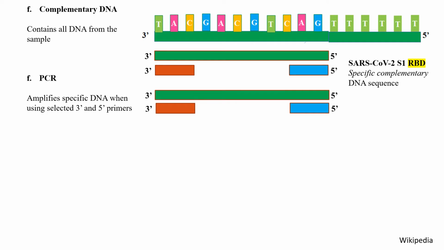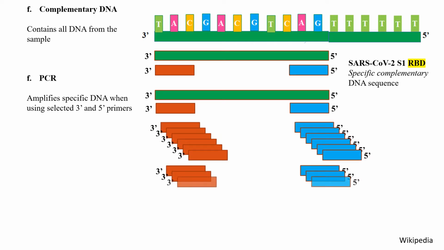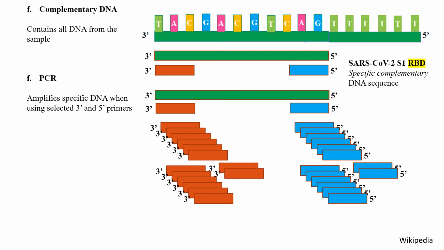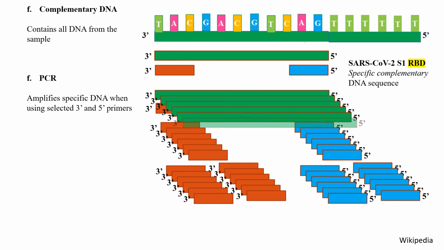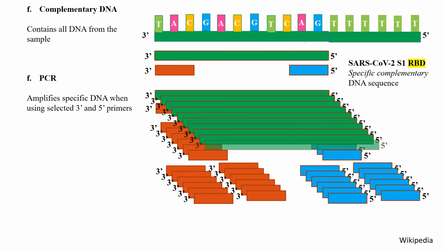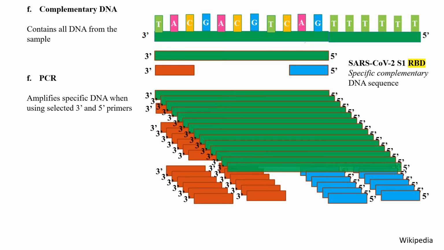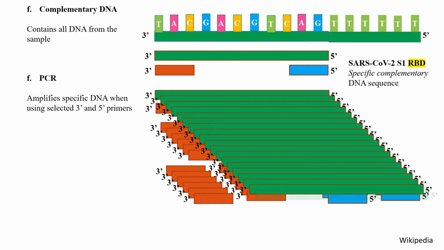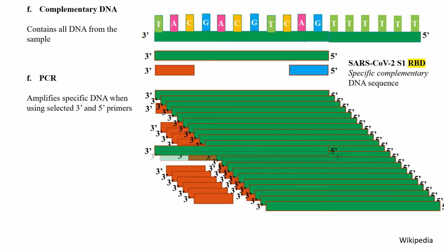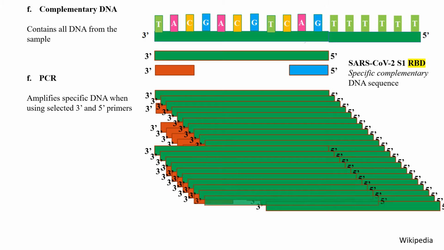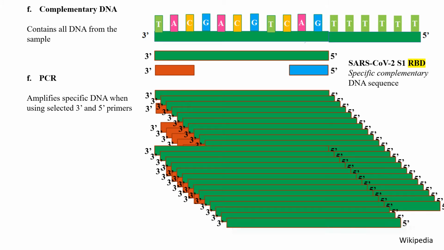And that can be done again and again and again, because we have a lot of these primers, we have all the dNTPs in the mixture, and we are getting a lot of that DNA amplified. And because we use the specific primers for the SARS-CoV-2, now the only DNA sequence that we can see amplified is the SARS-CoV-2.